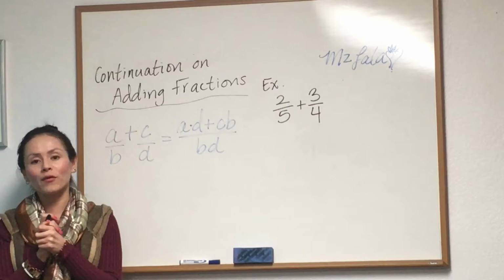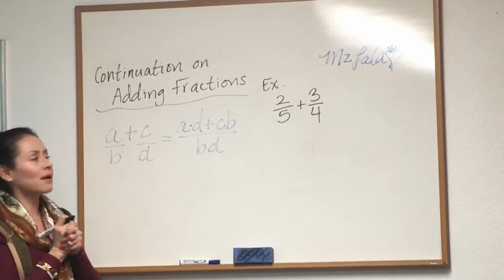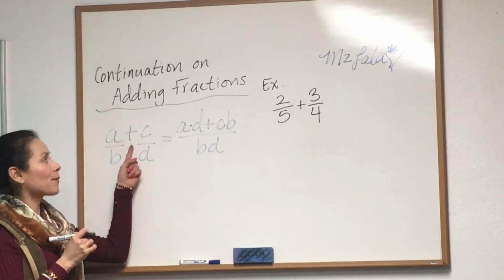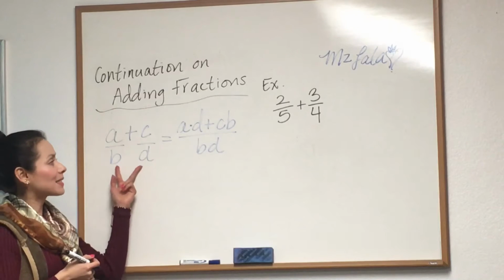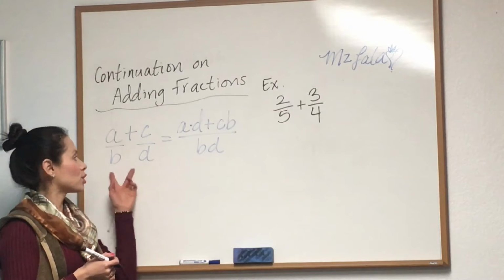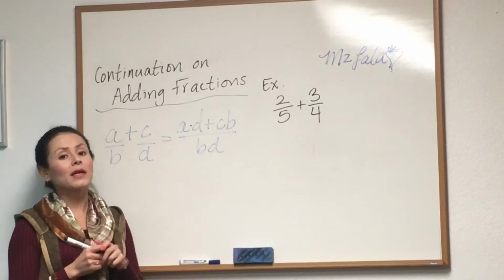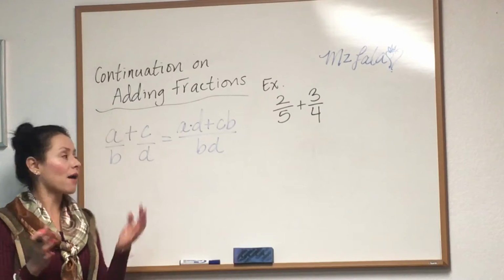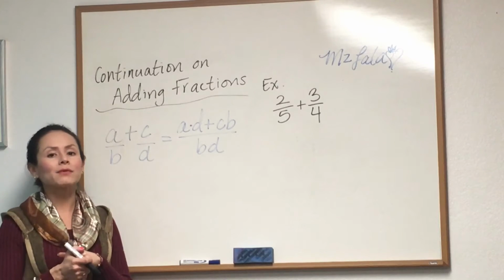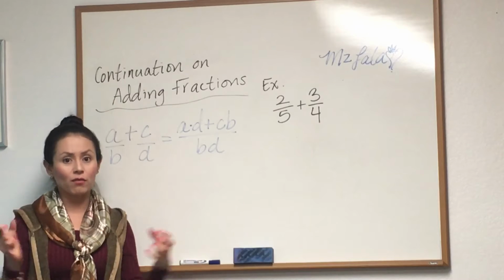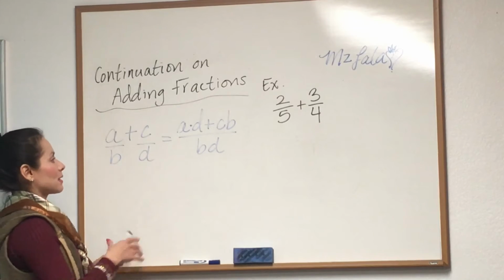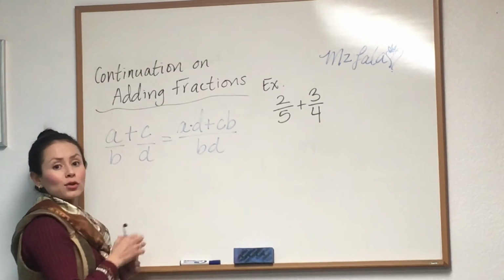So let's go over this problem again. We had two fractions that were trying to be added to each other, but they didn't have a common denominator, which is the bottom number. So when we don't have a common denominator, we have to do a little bit more extensive work, and basically that is multiplying those two denominators.